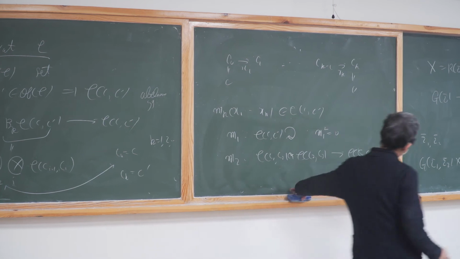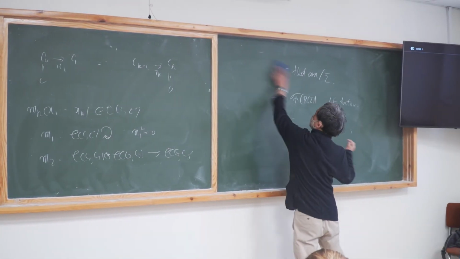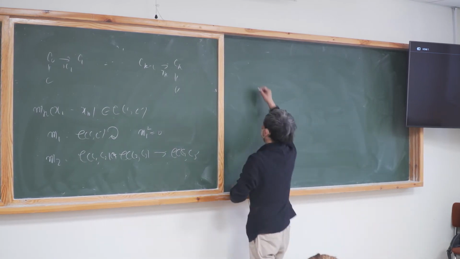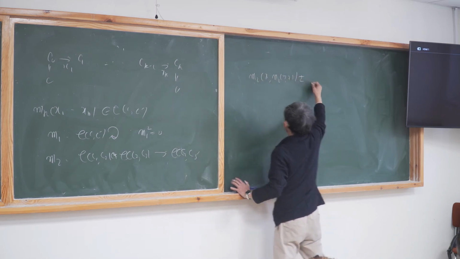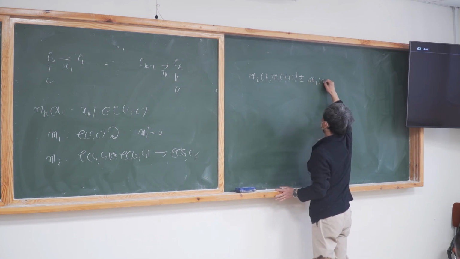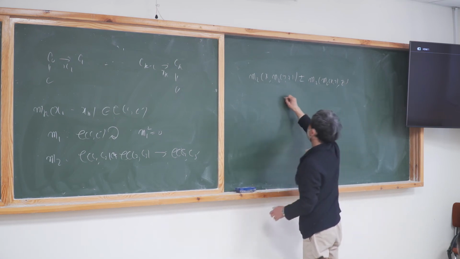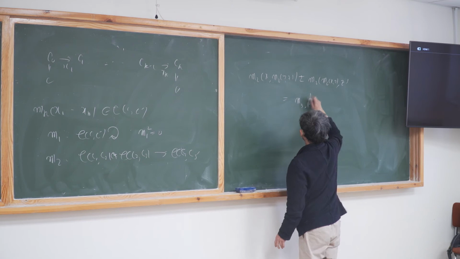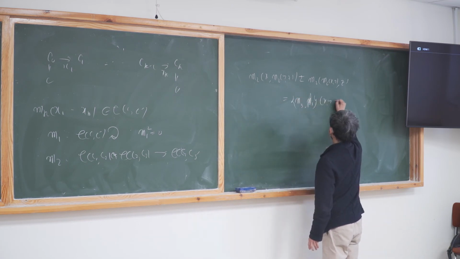The next relation is that this composition is not associative, but it is associative up to chain homotopy. This means that M2 of X with M2 of Y, Z, plus or minus M2 of M2 of X, Y with Z, equals M3 of X, Y, Z commutated with M1.